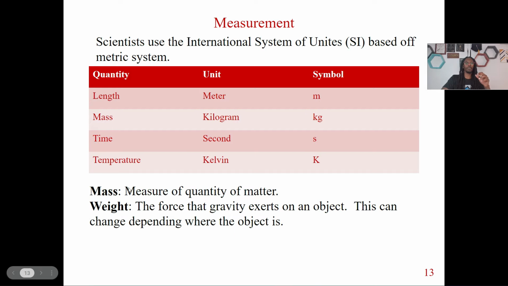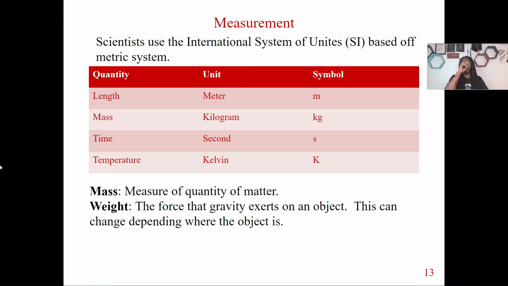With mass, we're measuring the quantity of matter, but when we think about weight, we have to talk about gravity, that force that's going to be on that mass. Weight is the force that gravity exerts on the object. This can change depending on where the object is.